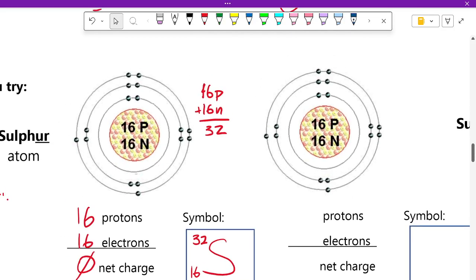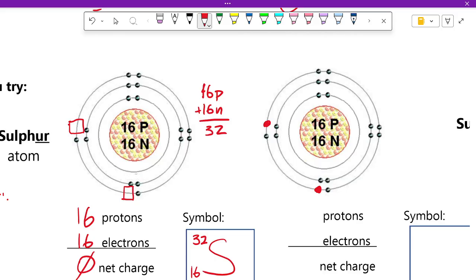How is sulfur going to become lower potential energy? How is sulfur going to become stable? We've got an empty hole right here, and we have an empty hole right here. So we're going to fill that up with another 2 electrons.